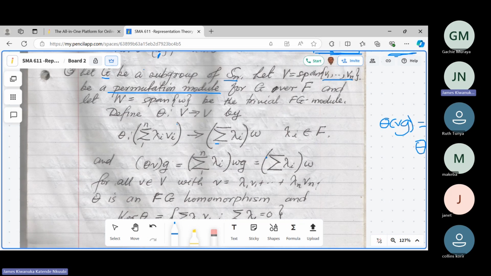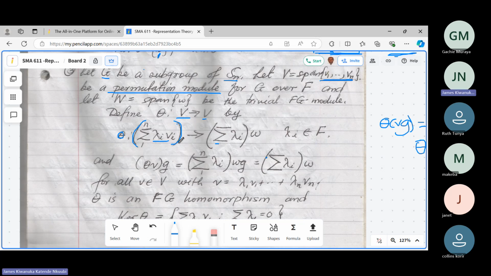So suppose, just think of it as an FG module and define a map from V to itself as this map, because any vector in V can be written as a linear combination of these elements. So this is literally any vector in V you pick, and this will be the expansion in terms of the spanning set, right?